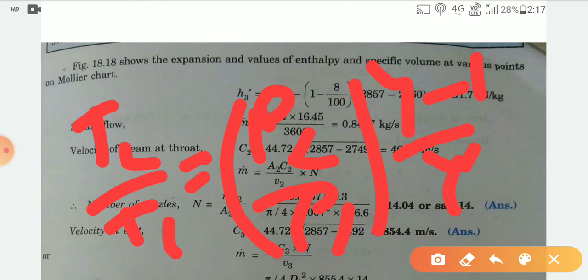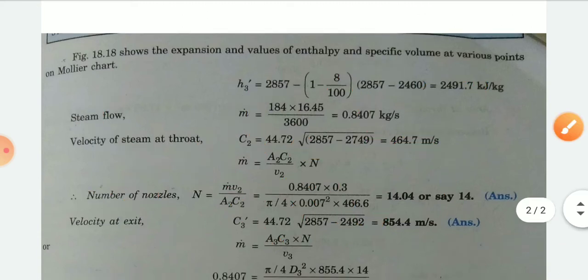You can find here T1 is given, P2 given, P1 you know, and this value gamma is 1.4, so you can find T2. So using this formula you can also find C2.